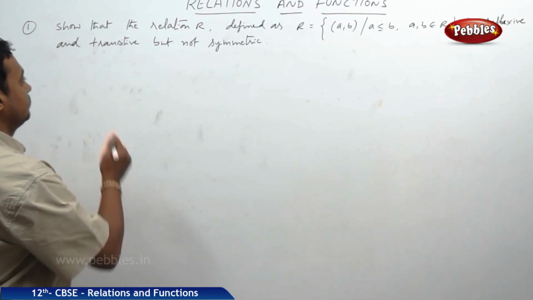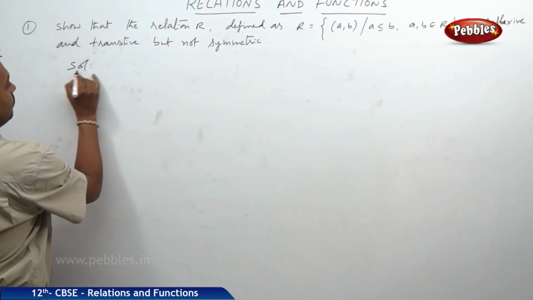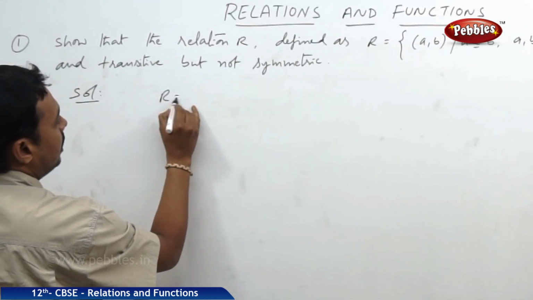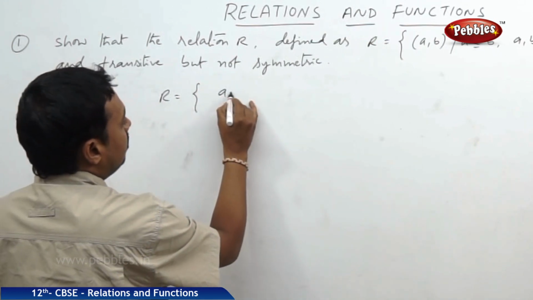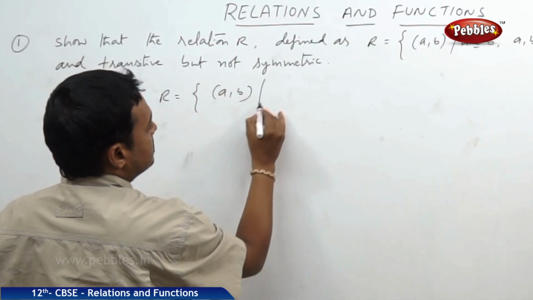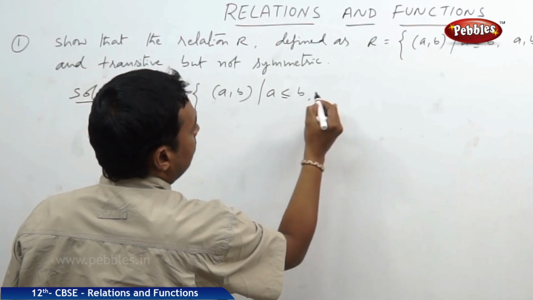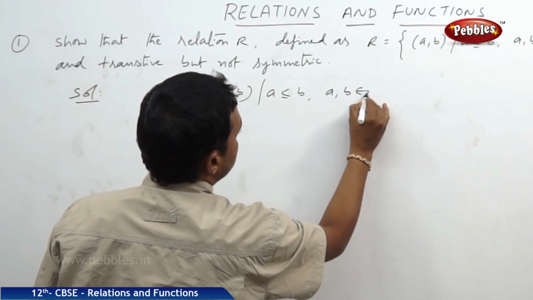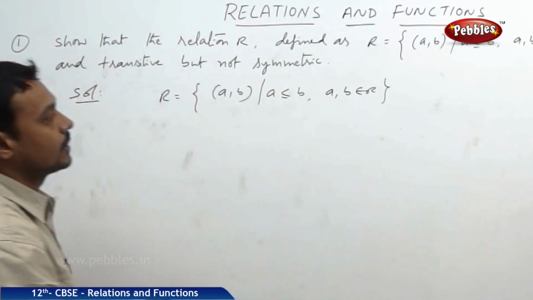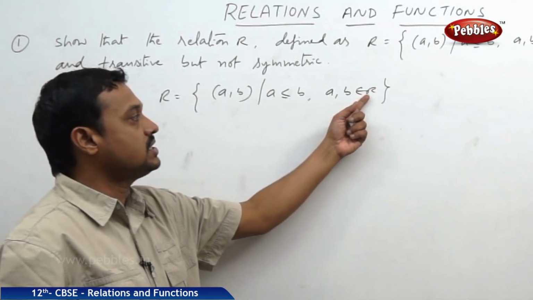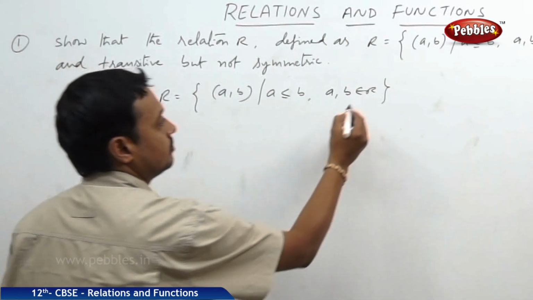Now, let us see. Here the relation R is equal to {(A, B) such that A less than or equal to B, where A, B belong to R}. Okay. So here R means the set of real numbers.